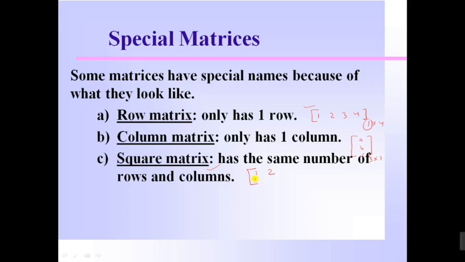Suppose 1, 2, 3 and 2 again say. So this has 2 columns and 2 rows. So 2 cross 2 is the order of this matrix. Similarly, if I write A, B, C, D, E, F and G, H, I together, it will be a square matrix because its order is 3 cross 3.